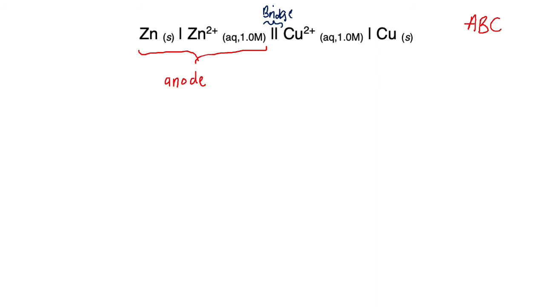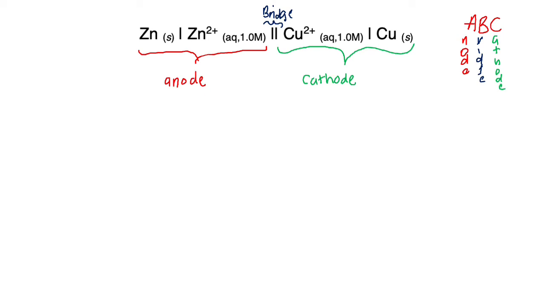And next one is this. This is the cathode. So A represents the anode, B represents the bridge, and C represents the cathode. Okay, so that is A, B, C.